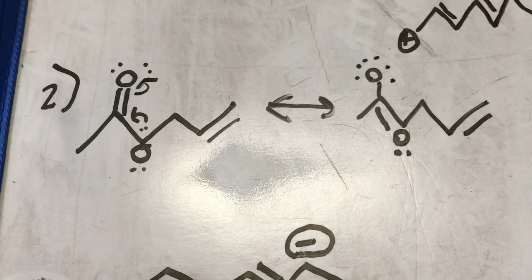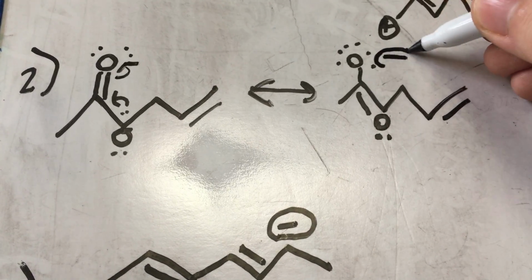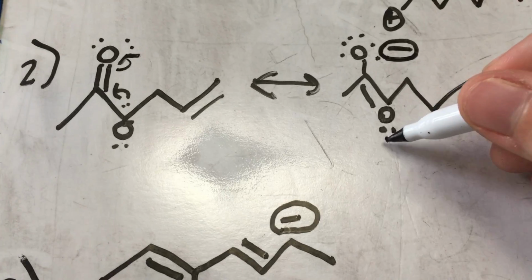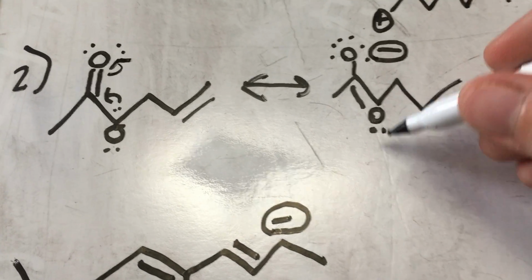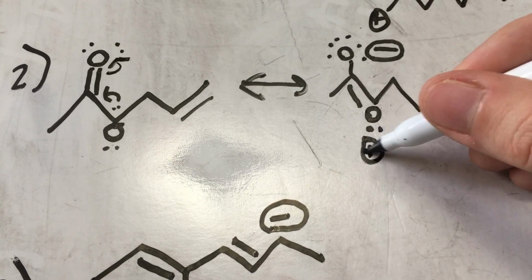So that would be your resonance structure there, and this one has a positive charge, a negative charge, and this one has a positive charge.